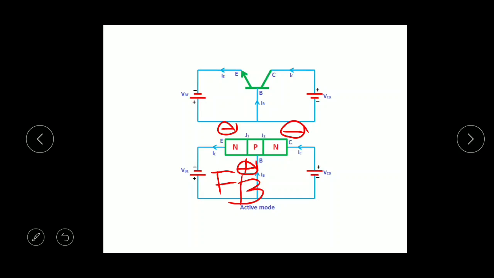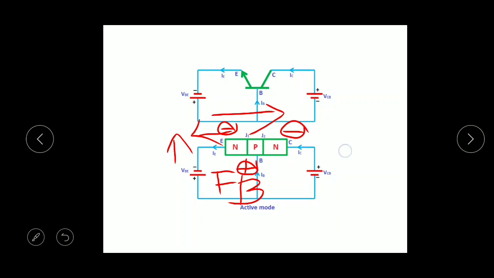Negative and negative repel each other, so the majority of charge transfers toward the other terminal, junction J2, the collector-base region, where the charge is applied at the N region.